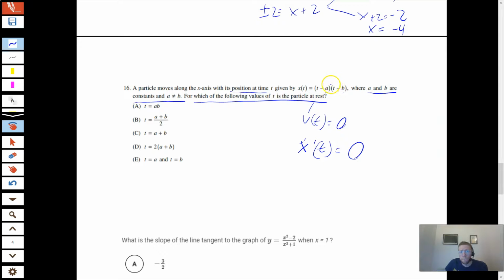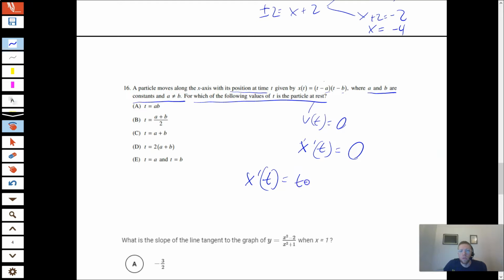But I'm multiplying, so I'm still going to use product rule. I'm going to say derivative of my first thing times the second thing plus the derivative of the second thing times my first thing, right? So x prime of t is going to be, the derivative of my first thing is just 1, right?